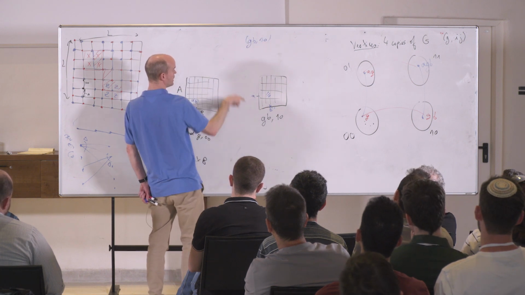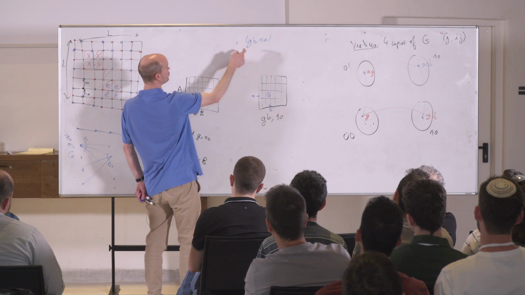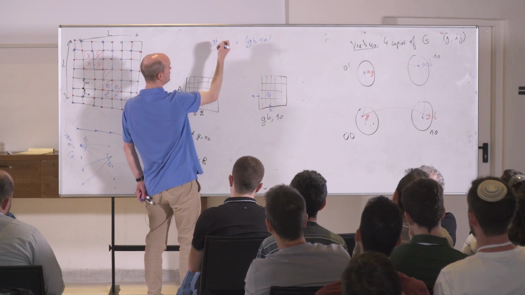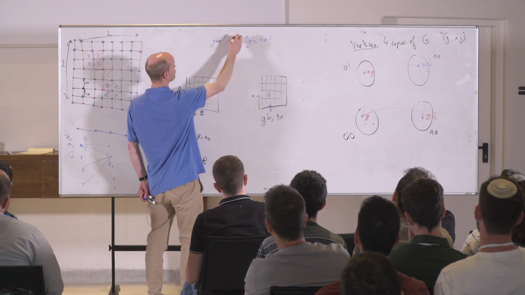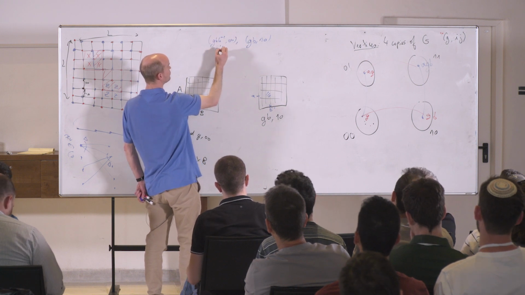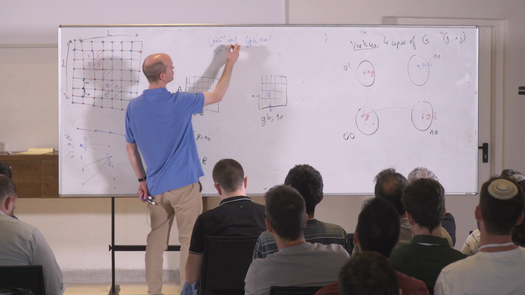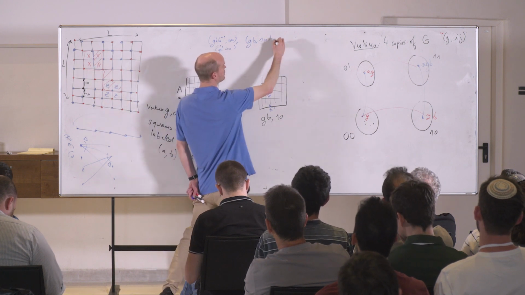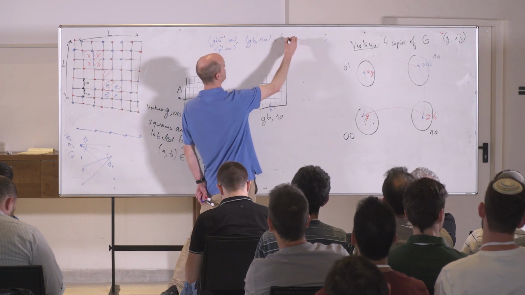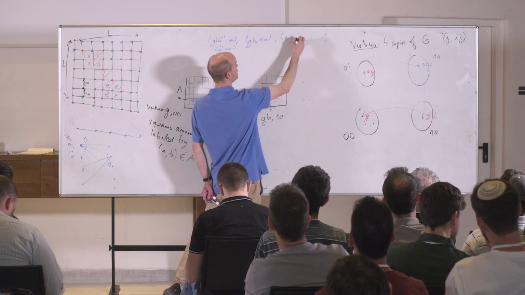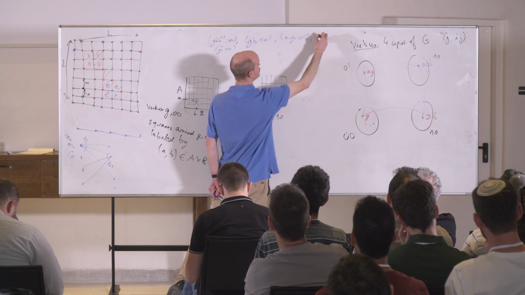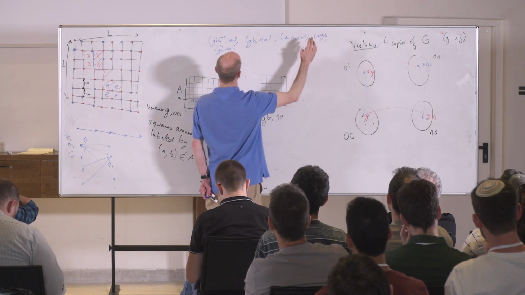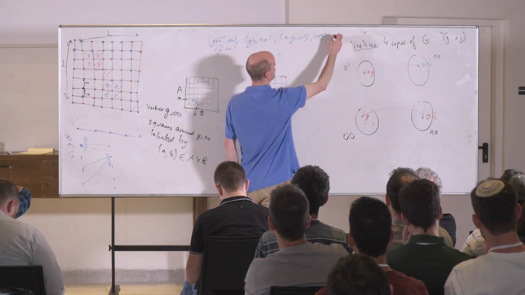In 0, 0, it will correspond to GB times B minus 1, 0, 0. But this is G in 0, 0. And then it will be AG in 0, 1. It will be AGB in 1, 1.